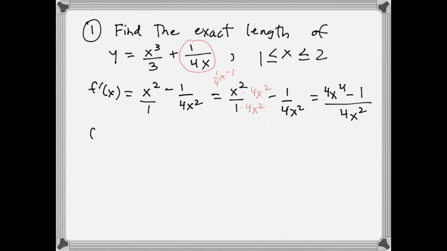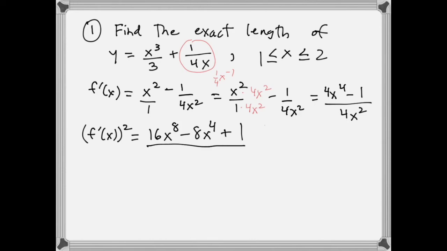Next, we're going to do the derivative squared. So we're going to square all of that. Now be very careful, right? To square a binomial, you have to have 3 terms, right? You can use FOIL or you can use your formulas. So if I square that, I get 16x to the 8th on top, and then minus 8x to the 4th, and then plus 1.